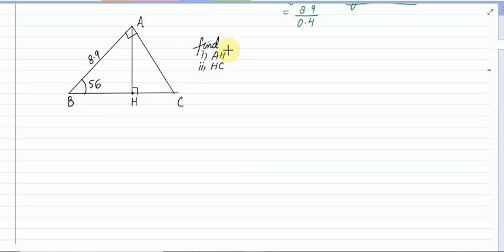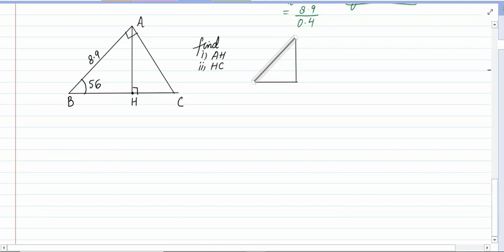So for the value of AH, I am going to plot the triangle ABH separately so that I can explain to you better. ABH, that is my 90 degree, it's 8.9, it's 56, and we are looking for the value AH, so let's call this value X. Right?